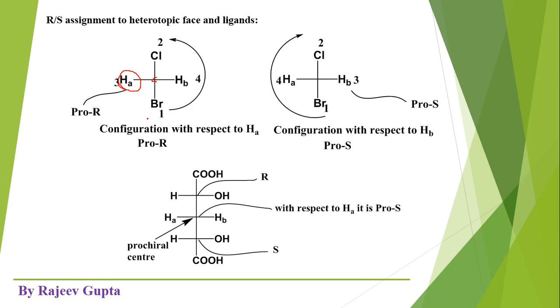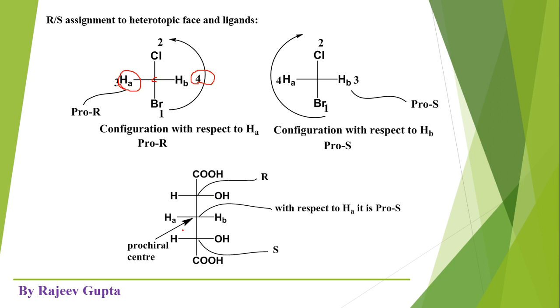So the answer should be pro-S, but the fourth priority group, the lowest priority group, is situated on the horizontal line in this Fischer projection, so we reverse our answer. So actually, with respect to Ha, this pro-chiral center has the pro-chirality descriptor pro-R. Obviously, with respect to Hb it will be pro-S.